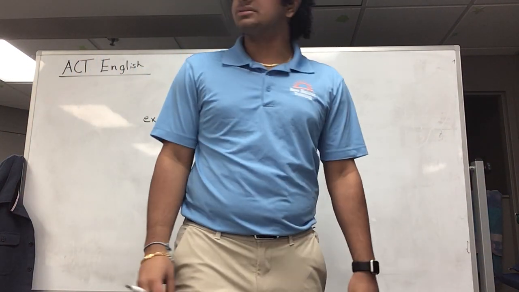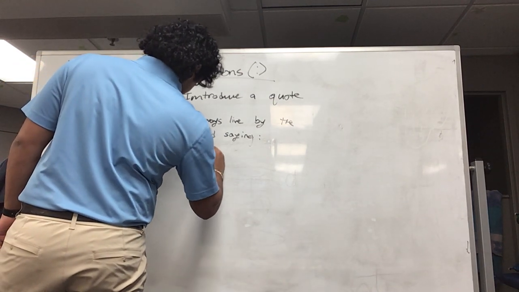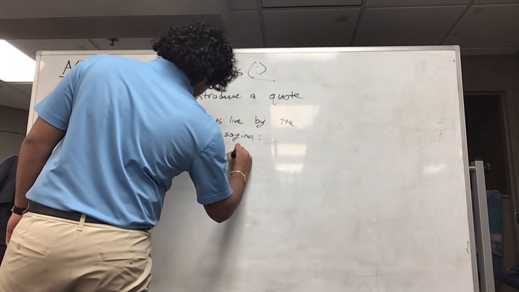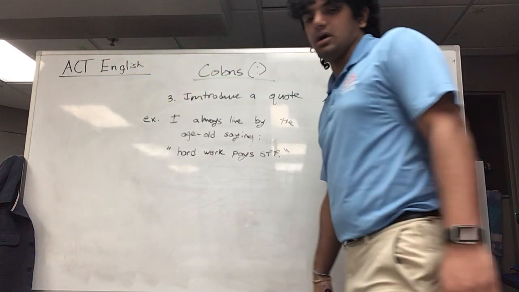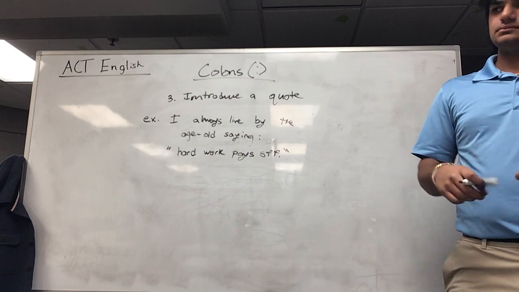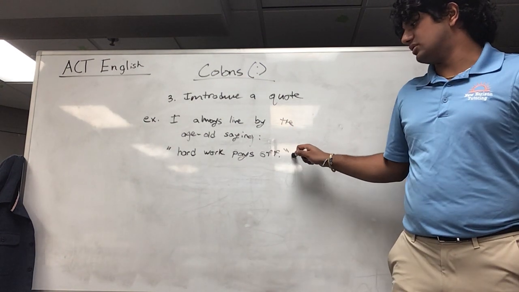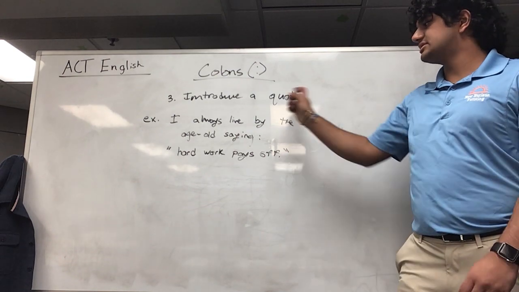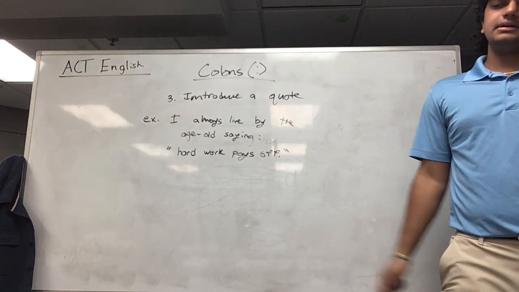What's an age-old quote? Oh, how about something like, hard work pays off. So here you have a colon introducing some quotes. I always live by the age-old saying, colon, hard work pays off.